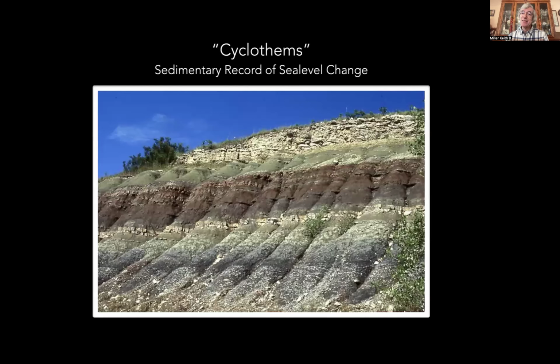You then can stack both different types of sedimentary rocks and different types of soils. And that can give a record of changes in climate over time and also changes in sea level. This is from the Kansas early Permian. The light colored, more resistant layers there are limestones. They were formed in a shallow sea. And the colorful layers are from paleosols, these fossil soils.